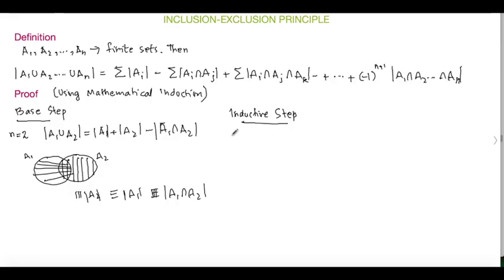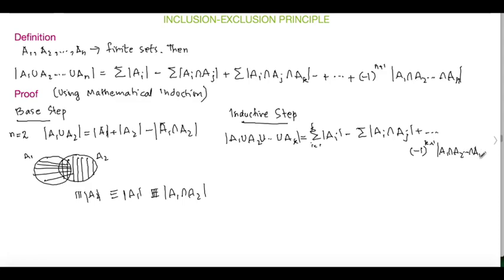So what is our hypothesis? Our hypothesis is that the cardinality of A1 union A2 up to AK is equal to the sum of AI for I from 1 to K, minus the sum of AI intersection AJ, plus and minus, up to minus 1 to the K plus 1 times the cardinality of A1 intersection A2 up to AK.